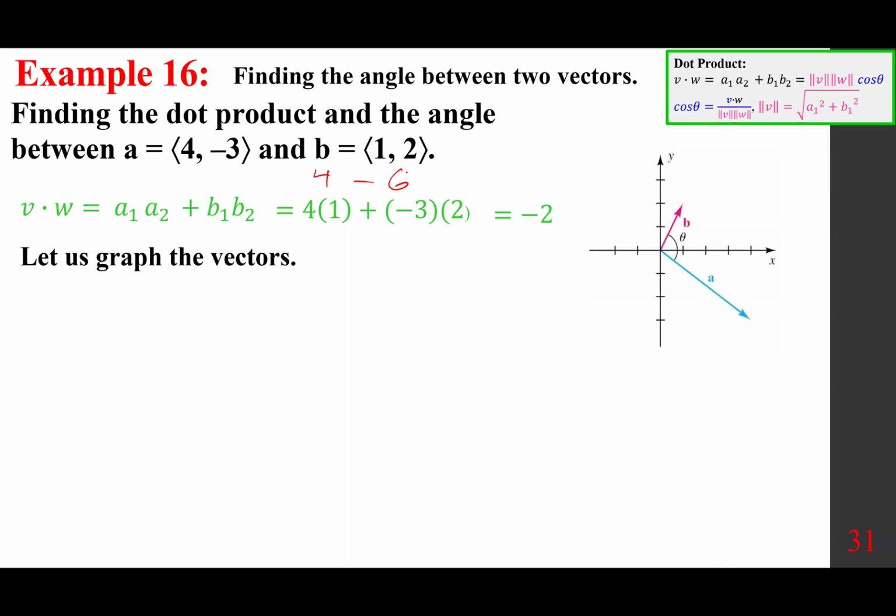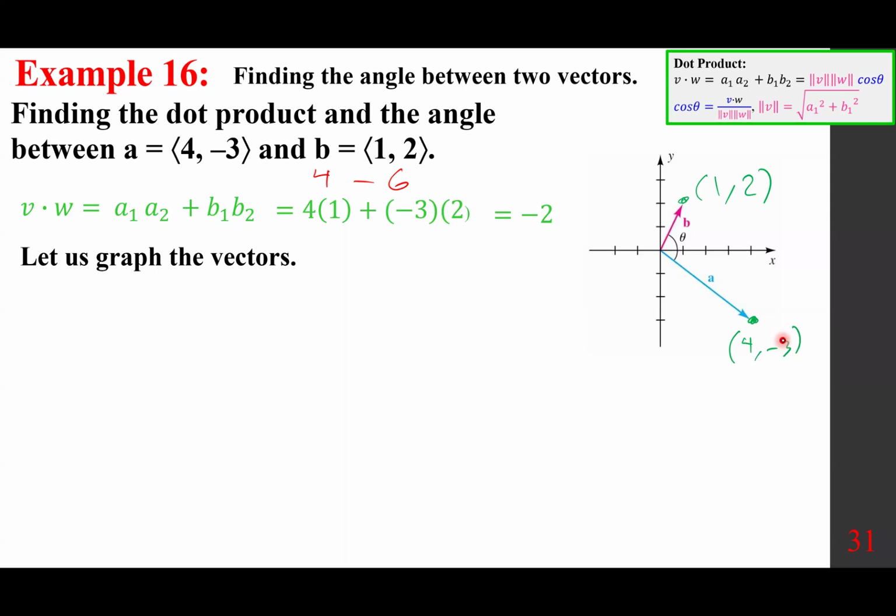Now we graph the vectors, and the way we do it is very simple. Just (4, -3) and (1, 2), and from the origin connect to those points. That's how you graph.